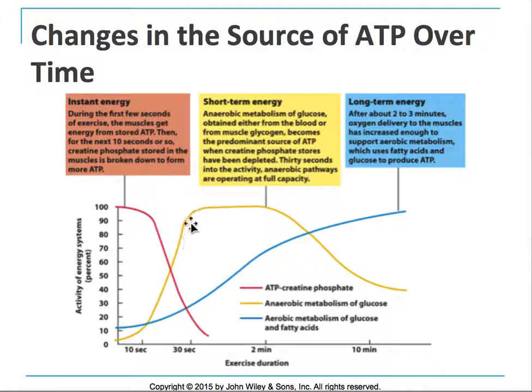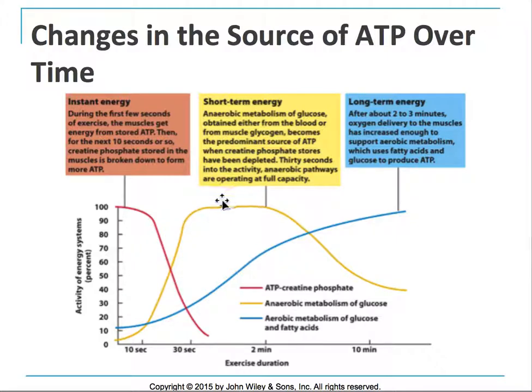So anaerobic metabolism then takes over. During anaerobic metabolism, you'll remember that your body uses glucose for fuel. This glucose can be obtained either from the blood or from muscle glycogen, and becomes the predominant source of energy once your creatine phosphate stores have been depleted during that initial burst of exercise.